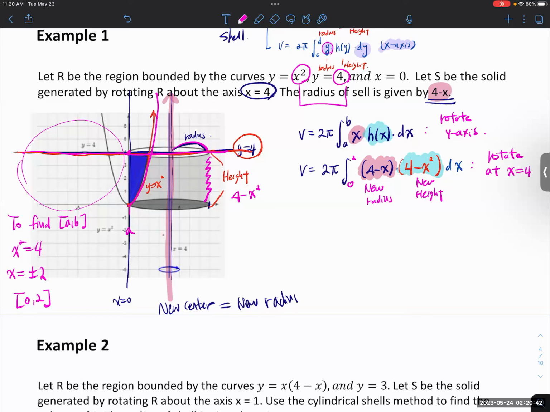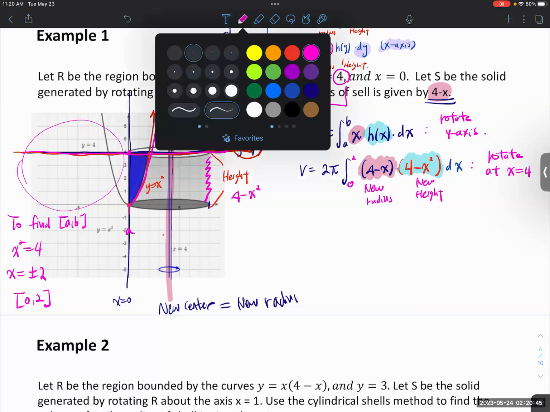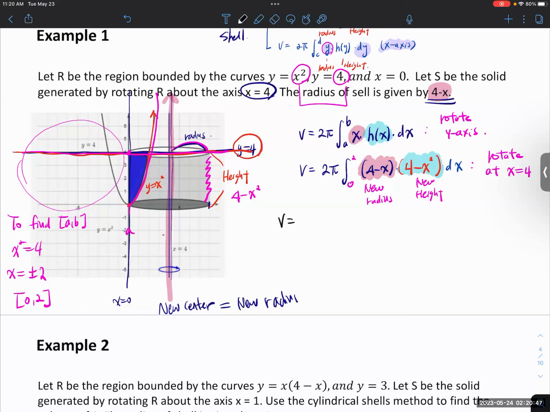Okay, so let's take a look at it. So we are going to work 2 pi. I'm going to take the distributive property, everything. So 16 minus 4x to the third minus 4x plus x to the third.